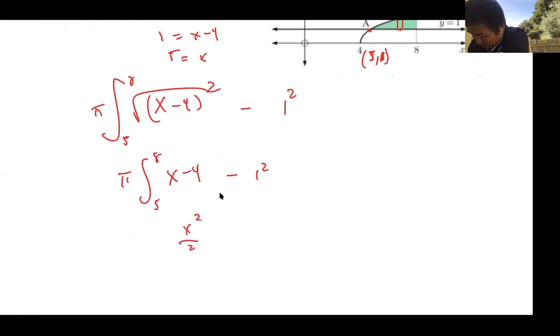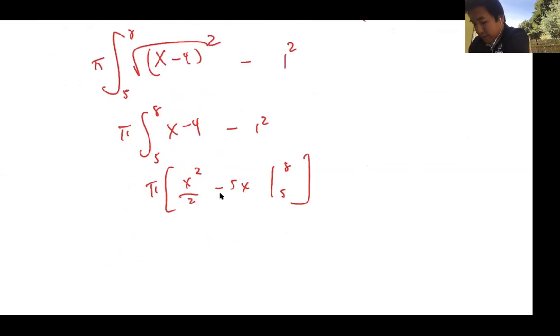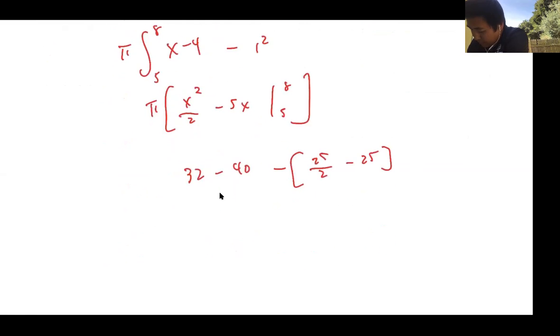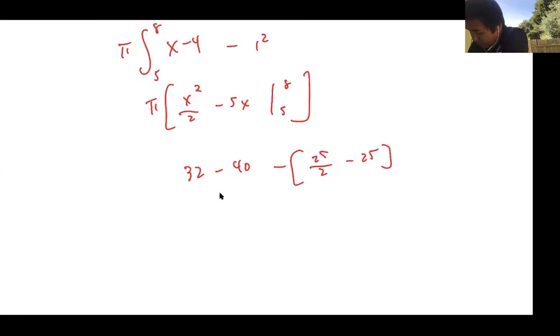So x squared over 2 minus 5x from 5 to 8 times pi. 64 over 2 is 32 minus 40, minus 25 over 2 plus 25. Negative 8, minus 25 over 2 plus 25. You get 4.5.